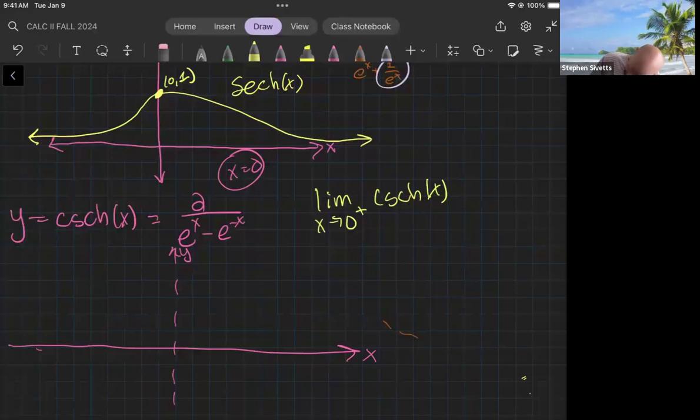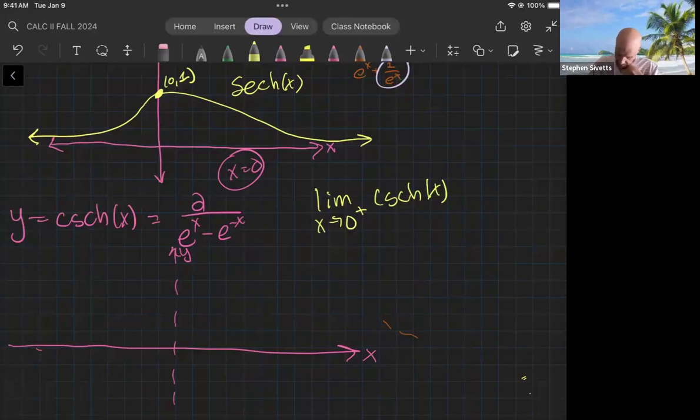Well, you notice that e to a value that is closer to 0 will approach 1 essentially.